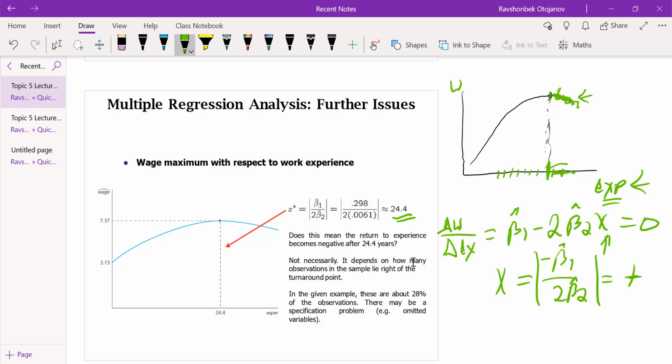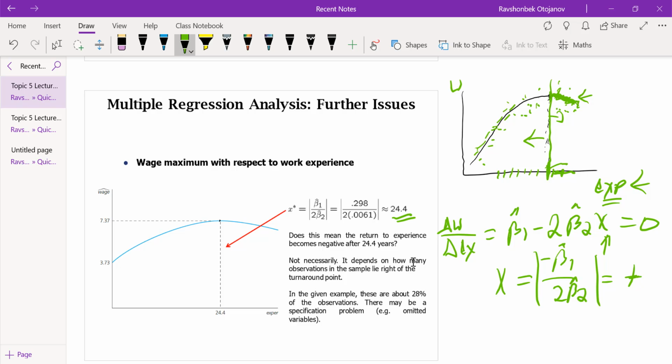Well, it's possible because most of our data is on the left-hand side of this point, and some data points will lie here. So OLS will try to capture these few points, and it ends up imposing this sort of downward sloping part of the curve. But we will ignore that, because to the right of this point we usually only have fewer points, so we can ignore them.